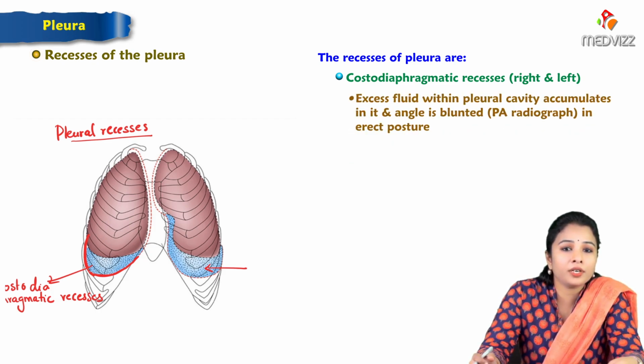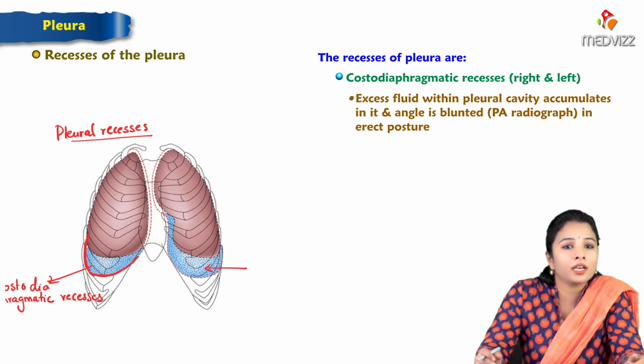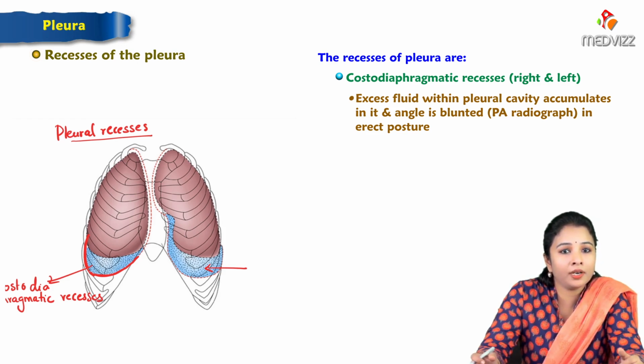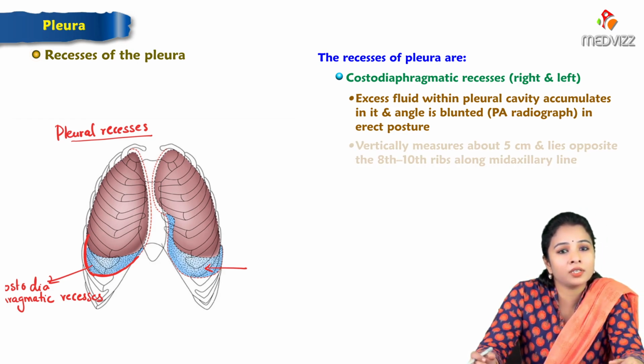If there is excess fluid within the pleural cavity, it accumulates in the costodiaphragmatic recess and costodiaphragmatic angle. In a PA radiograph, the posteroanterior chest X-ray in erect posture, this recess is prominently observed filled with fluid if there is any collection of fluid in the pleural cavity.